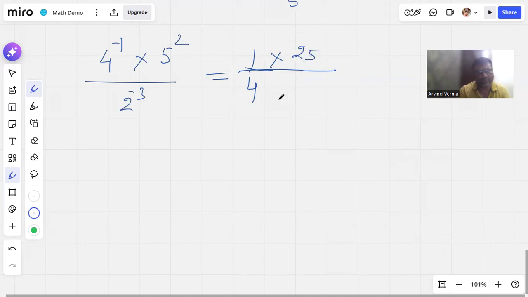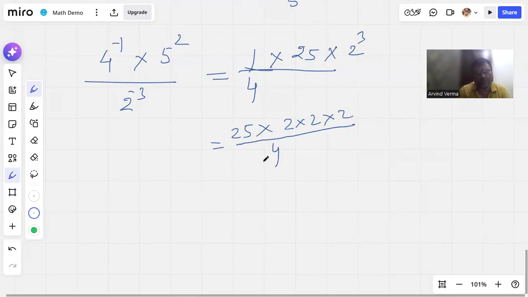We know 2 raised to the power minus 3, I will reciprocate the base. So it will go to the numerator and it will become 2 raised to the power 3. So 25 into 2 into 2 into 2 upon 4. So this will be cancelled. We will have 50 as our answer. I hope it is making sense.